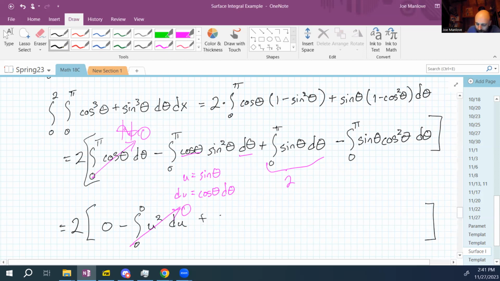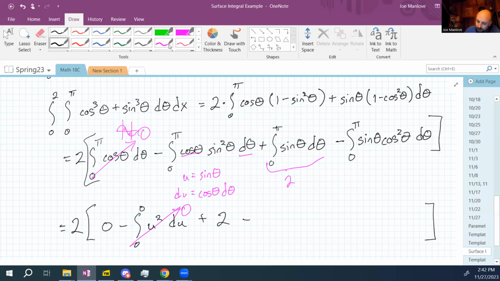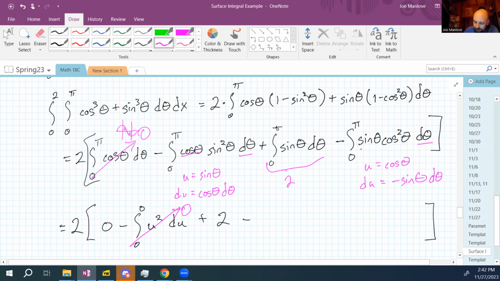Then I'm going to have a plus 2. That's from my sine theta up there. And then I'm going to have a minus, and now I need another u sub. So on this one, we're going to let u be cosine theta. Then du is going to be minus sine theta d theta. That's nice. Got all of that stuff kicking around, including the minus sign, which is kind of slick.